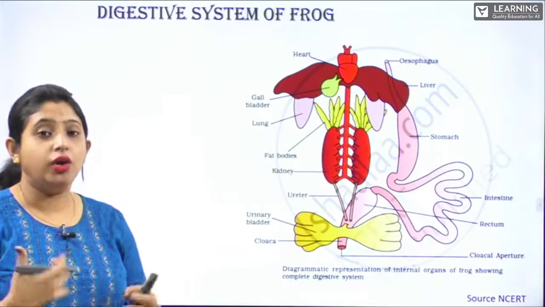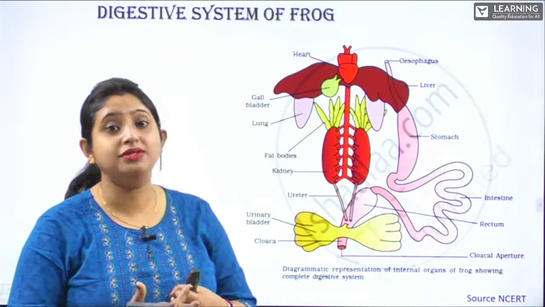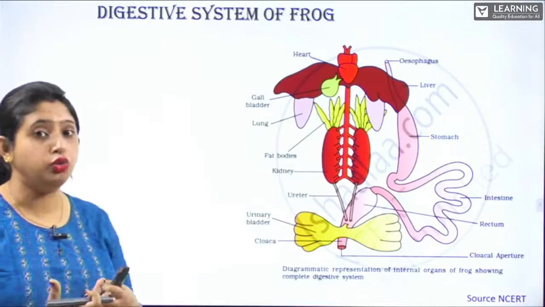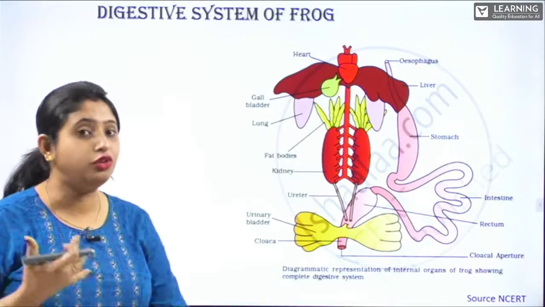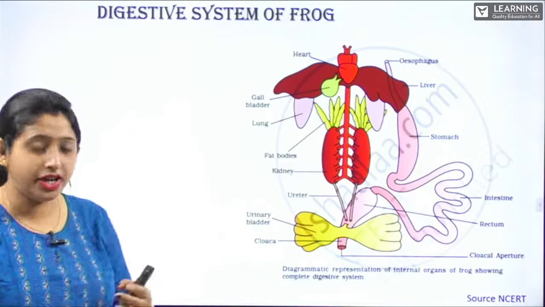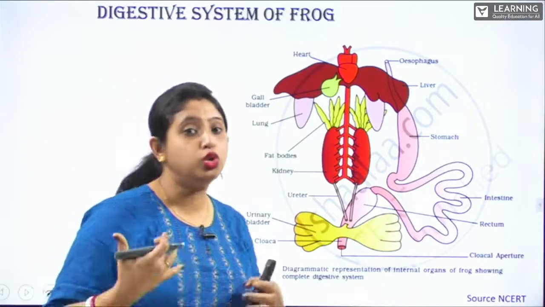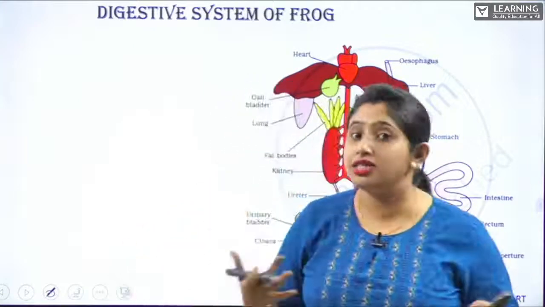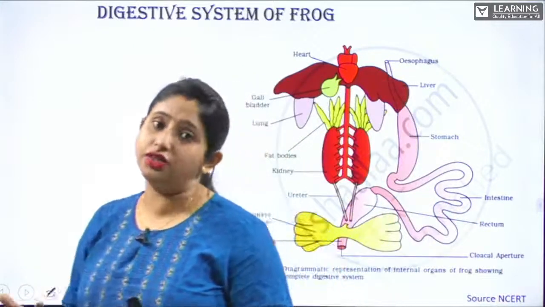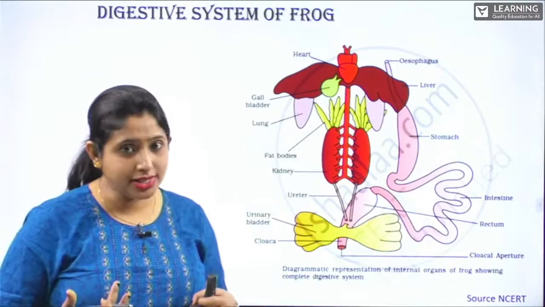From the stomach, the partially digested food goes to the small intestine, and from the small intestine the undigested food will go to the large intestine, and then finally it is released through the anus.